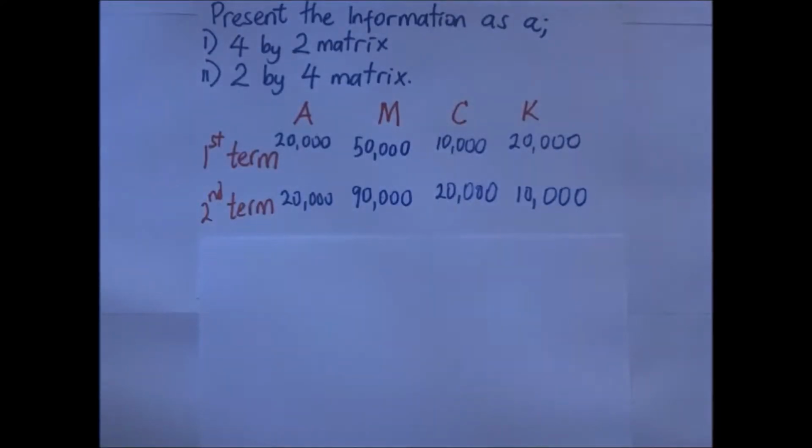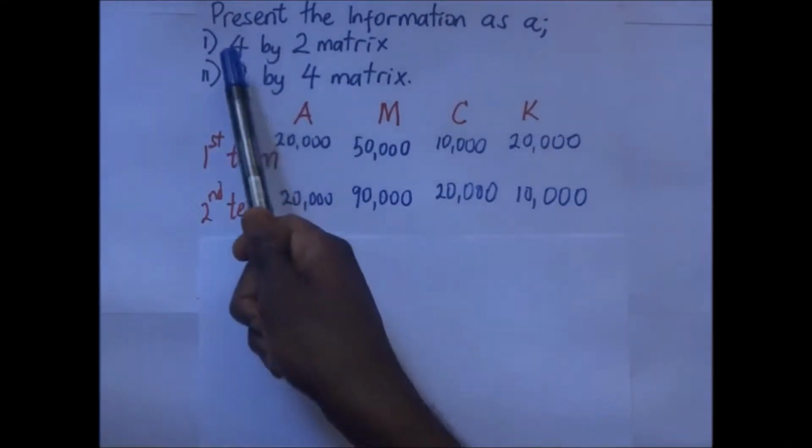So after summarizing the question, we're supposed to present this information as a 4 by 2 matrix.